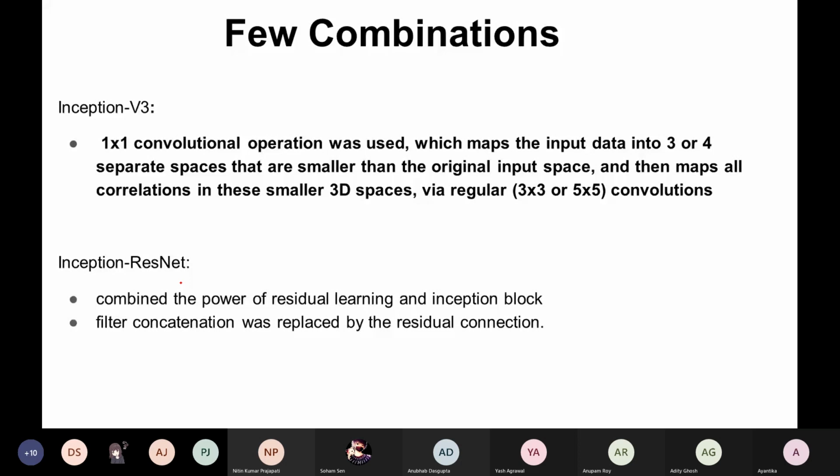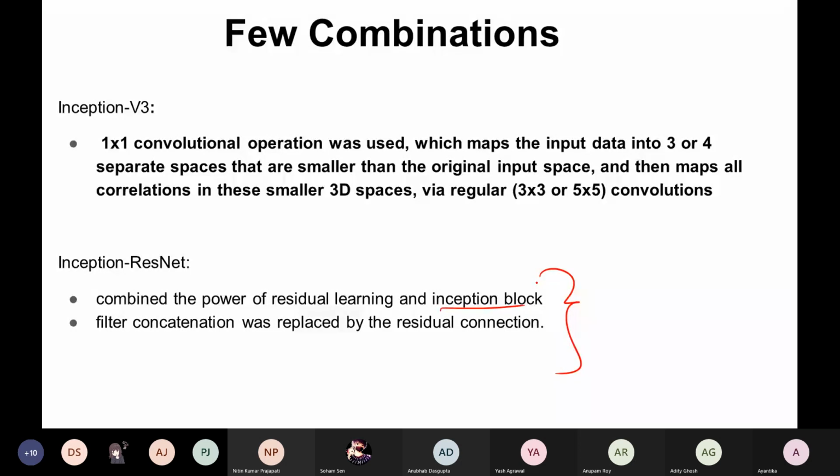There is Inception ResNet, Inception V4, and a few other names with little tweaks to the filter size and the combination of inception. Inception ResNet is very interesting, where we merge two concepts, the inception block and the residual connection, that is, the passing of that direct connection.